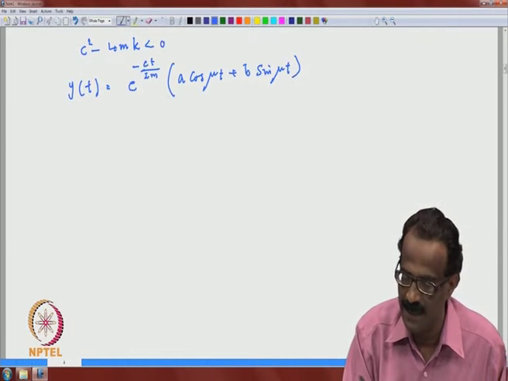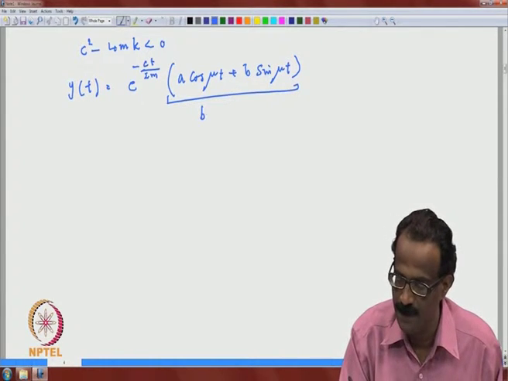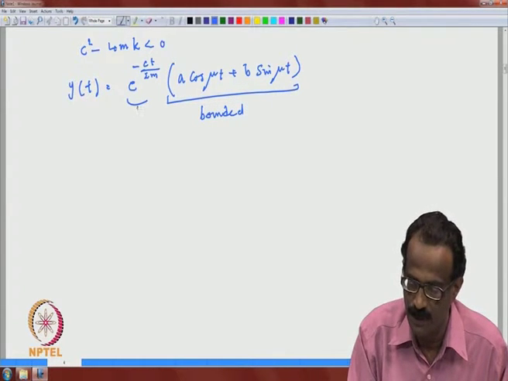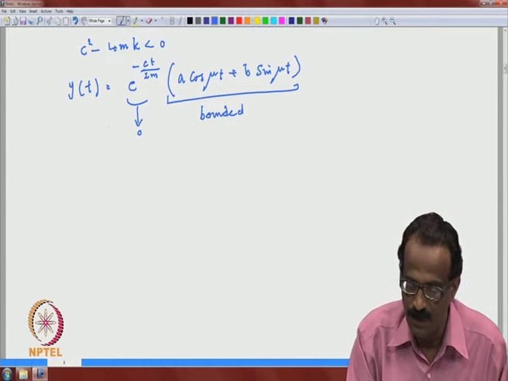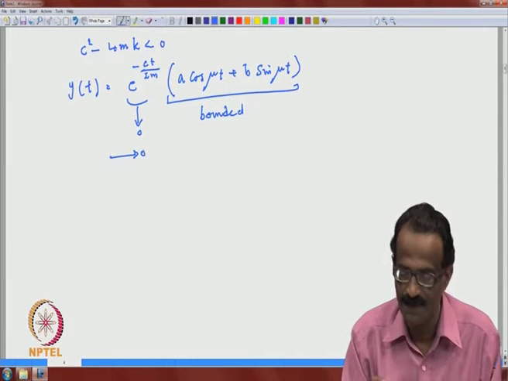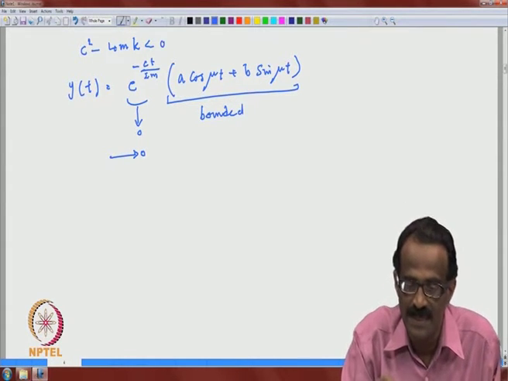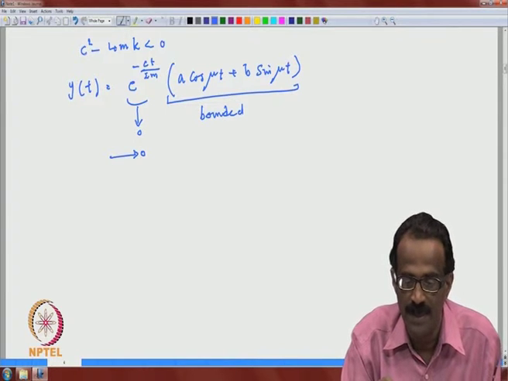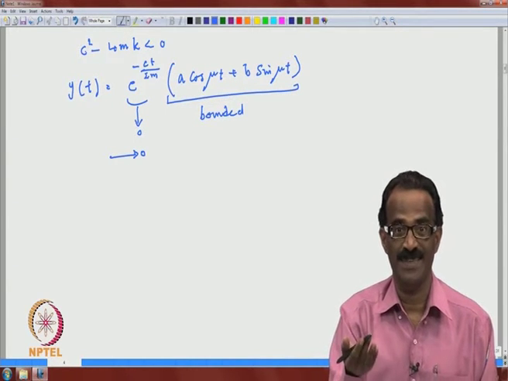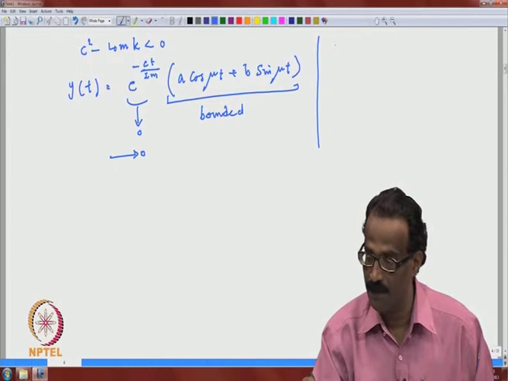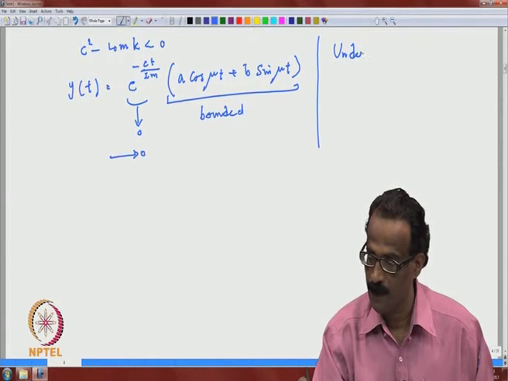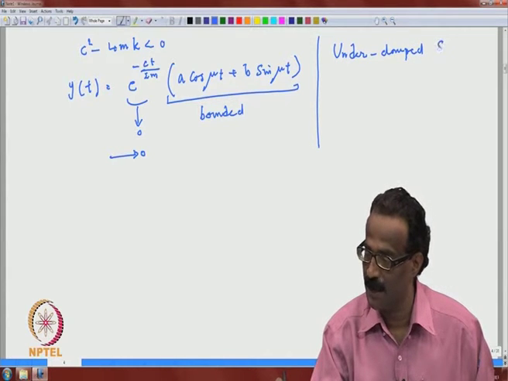What I said is that this is a bounded quantity, and this term goes to 0. So, y(t) still goes to 0, and this is a situation where you have damping, but damping is not too much. So, this is called the underdamped system. Damping is there, but underdamped system.